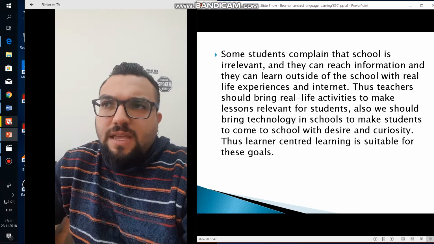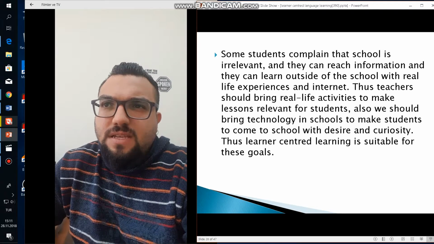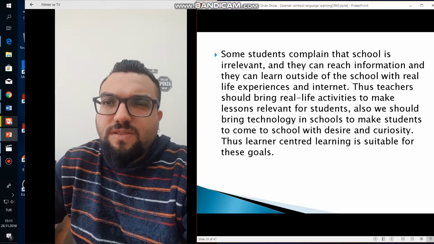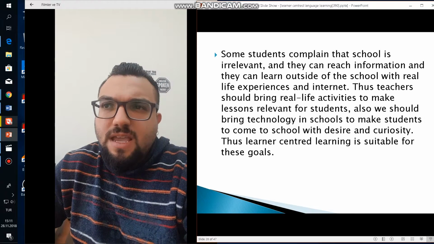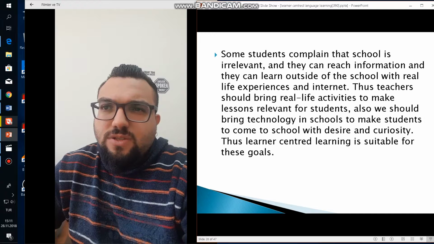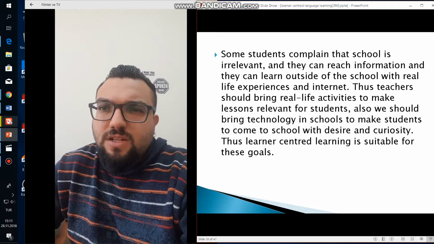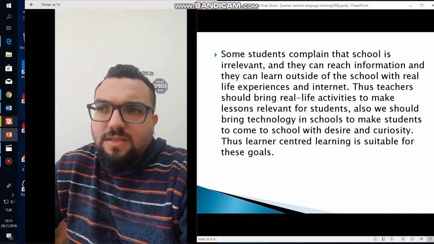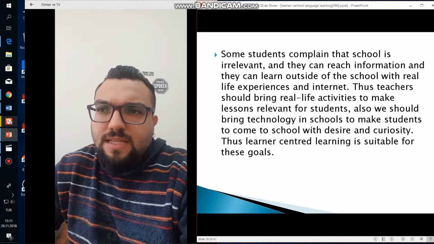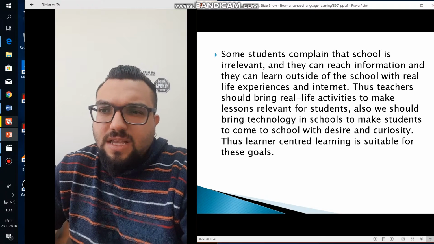Some students complain that school is irrelevant and they can reach information and learn outside of the school with real life experiences and the internet. Thus, teachers should bring real life activities to make lessons relevant for students. Also, we should bring technology into schools to make students come to school with desire and curiosity. Thus, learner-centered learning is suitable for these goals.